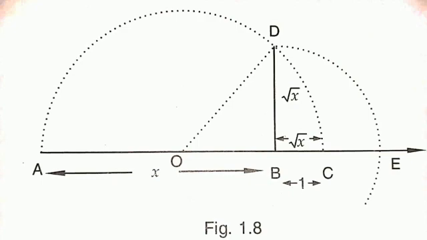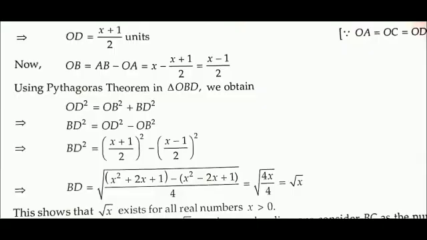So now let's justify this construction. Since OA is equal to OC is equal to OD here, we will have OD equal to (x plus 1) by 2 units. OB is equal to AB minus OA.